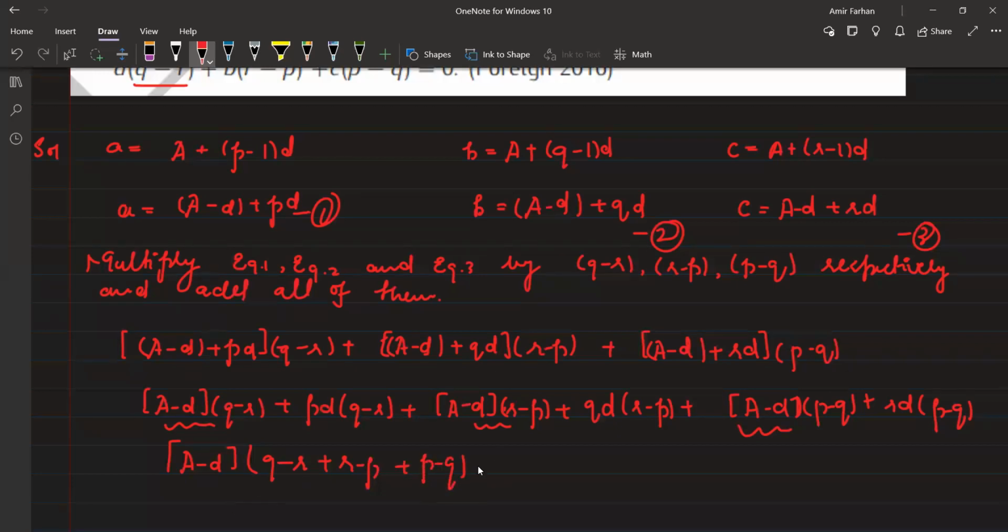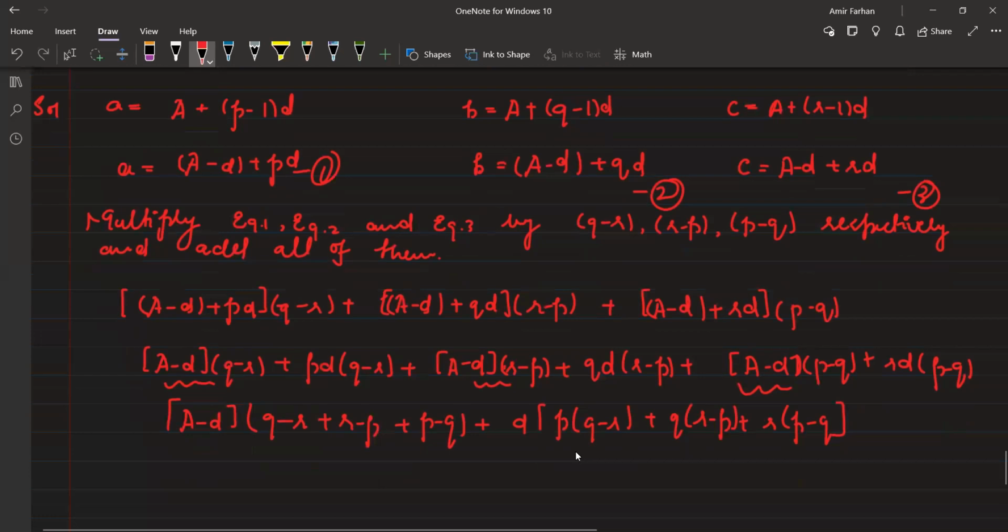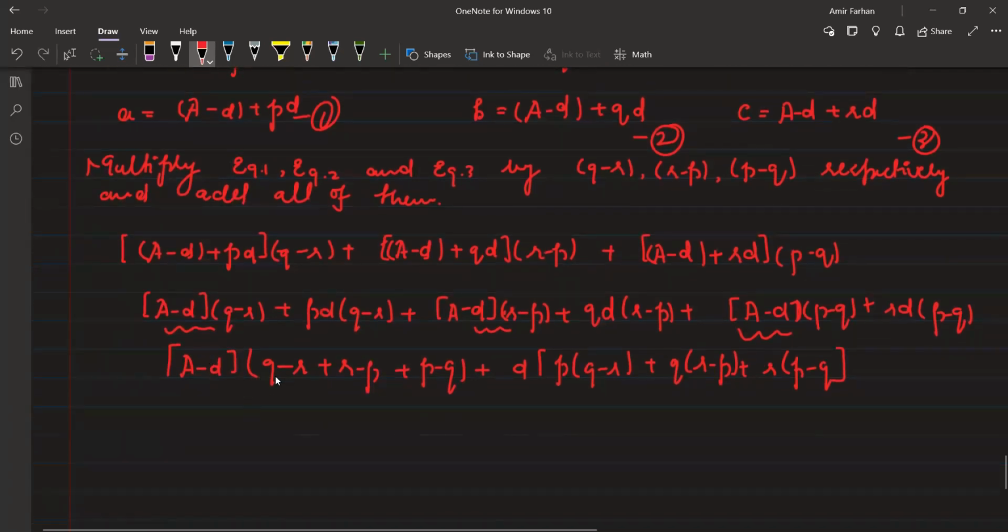Plus what will be left here? pd, qd and rd, and from these I can take out common d. What will be left? p into q minus r plus q into r minus p plus r into p minus q. Clear? Yes, sir.